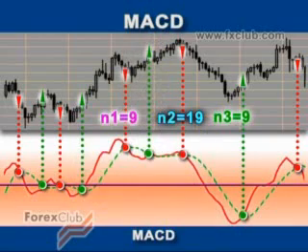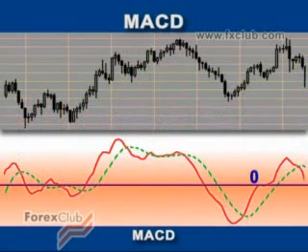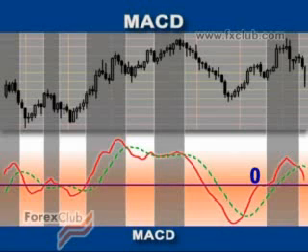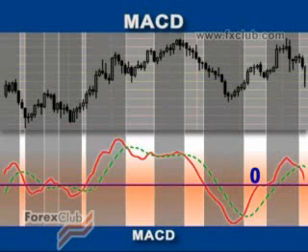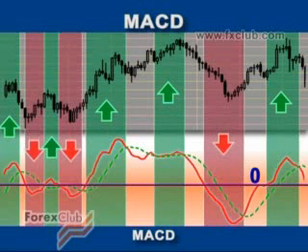But before we examine the trading signals of MACD, let me run through some of the properties of this oscillator. When the baseline is above 0 and higher than the signal line, or when it's below 0 and lower than the signal line, we can assert that it's highly probable that the price is rising or falling.